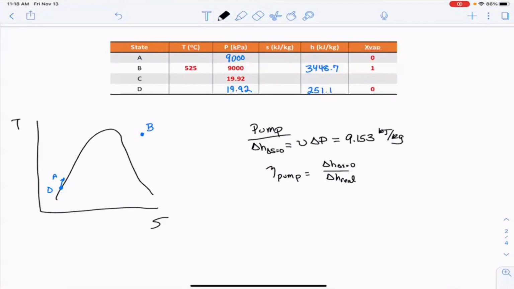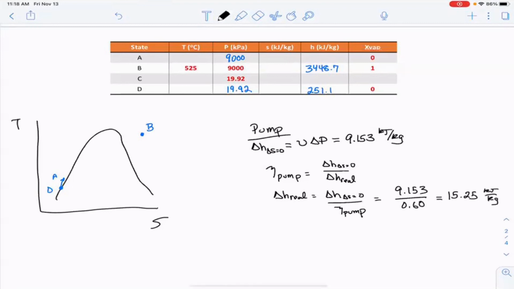So that means that for the pump, delta H real is just equal to delta H when delta S is equal to 0 divided by the pump efficiency. So that's, in this problem, equal to 9.153. And we were told in the problem that the pump efficiency was 60%. So that's 0.60. And so delta H for the pump then is 15.25 kilojoules per kilogram. Okay?